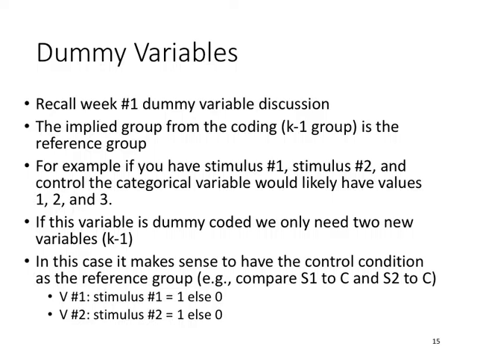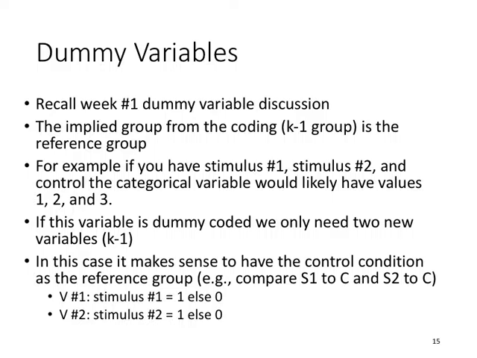And so I'm going to create 2 dummy variables, one called variable 1: if stimulus number 1, I'm going to make it 1, else 0, and another called variable 2: if it's the stimulus 2 condition, I'm going to make it 1, else 0. So I'd have 2 columns of data.